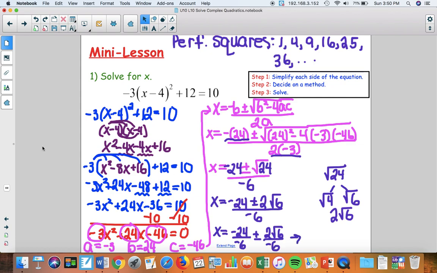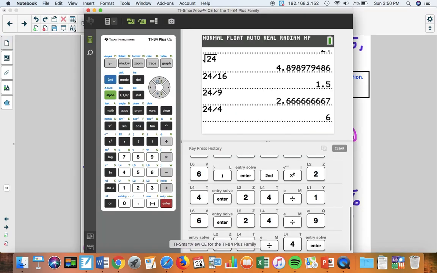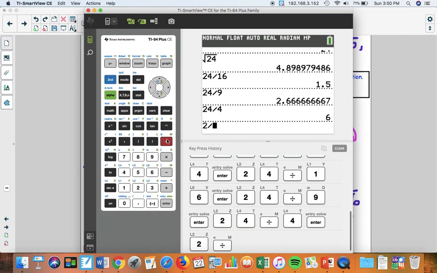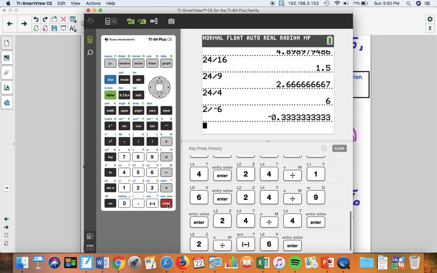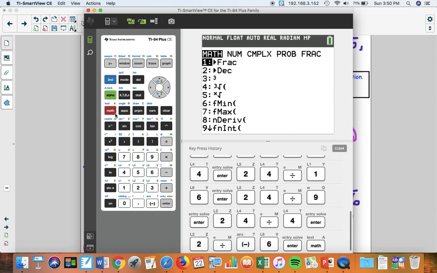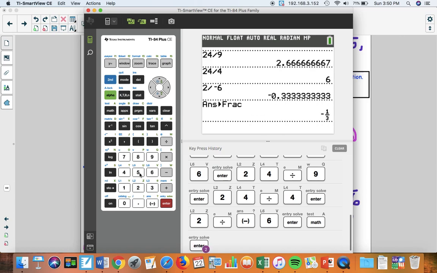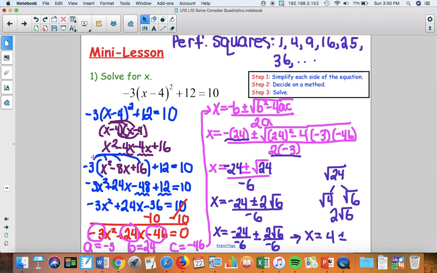Now, when you do this, negative 24 divided by negative 6 gives us 4. Then we have plus or minus. Now we have 2 divided by negative 6. That gives us a decimal, or we could change that into a fraction, and it simplifies to negative 1/3.